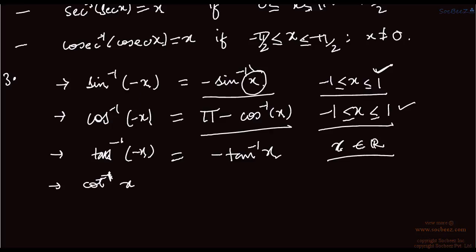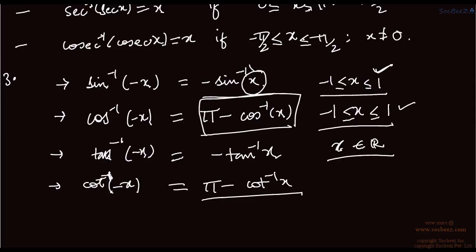Similarly, for cot inverse x, now you will see the relation between cot inverse of minus x and cos inverse of minus x. This is cot inverse of minus x equals pi minus cot inverse x. Now can you see this? Pi minus cos inverse x, pi minus cot inverse x, minus tan inverse x, minus sin inverse x.